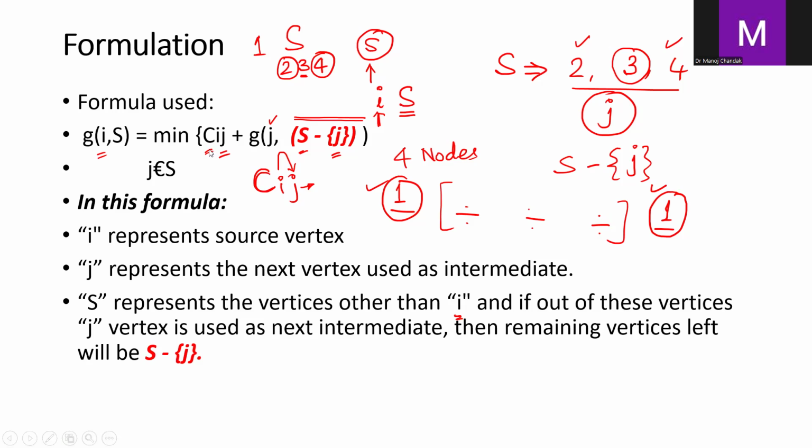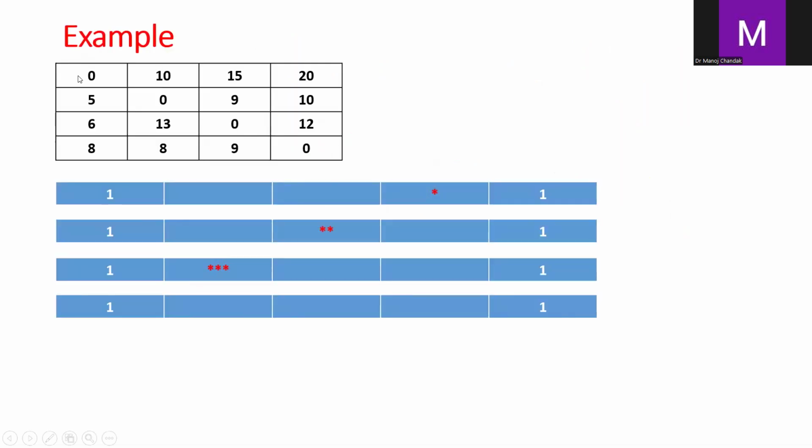Let us see how this is actually implemented on a matrix. If I take a 4 by 4 graph, then this graph has four vertices, that is 1, 2, 3, 4, connected with each other in the form of a complete graph. So diagonal elements are 0.